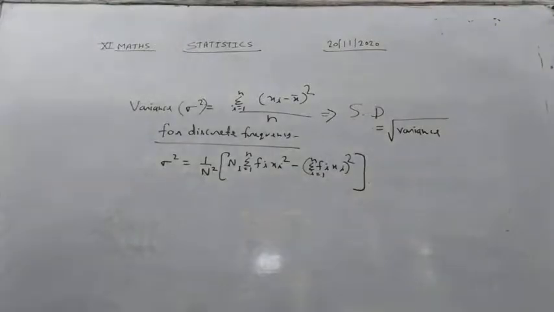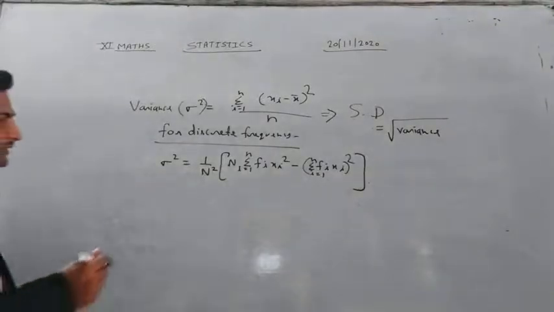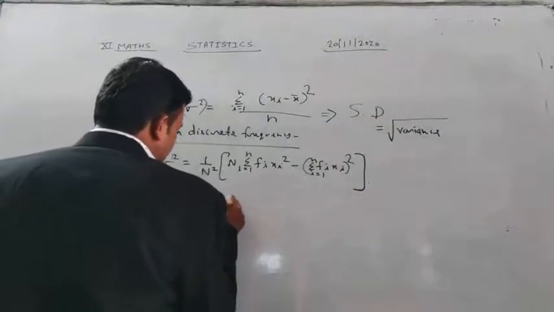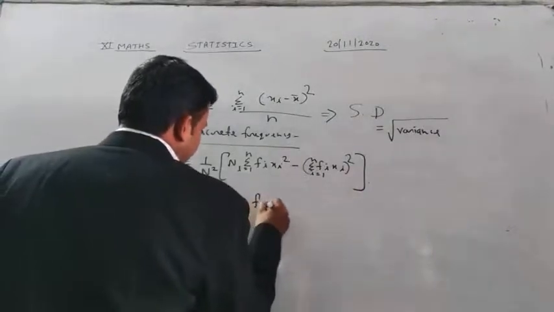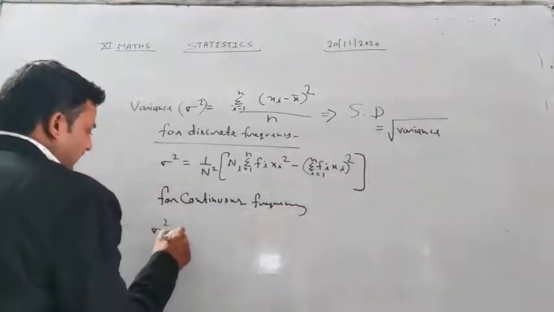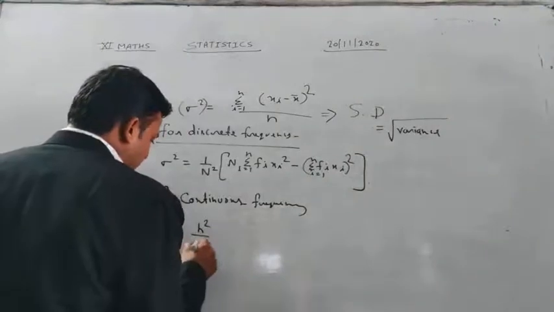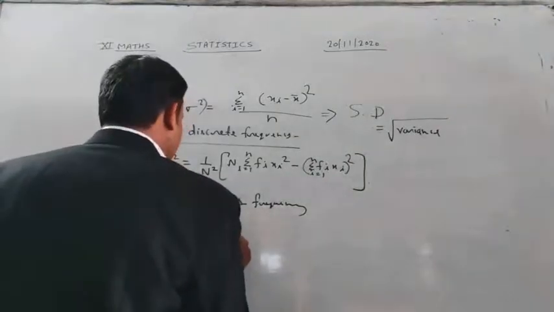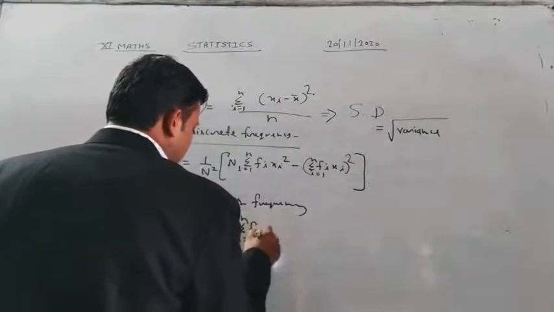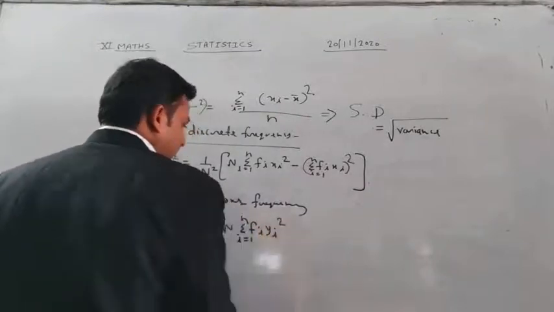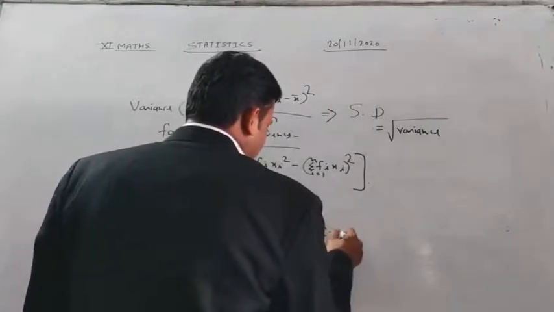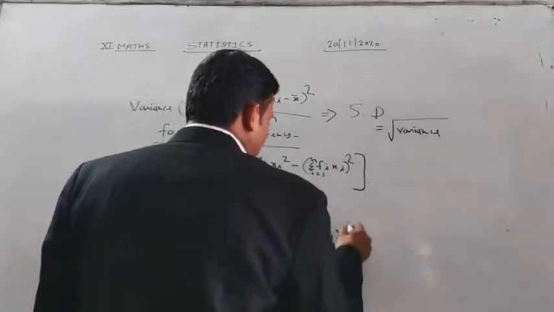Now for continuous frequency, sigma square is h square by n square, and this is n summation i is equal to 1 to n fi yi square minus (summation i is equal to 1 to n fi yi) whole square.